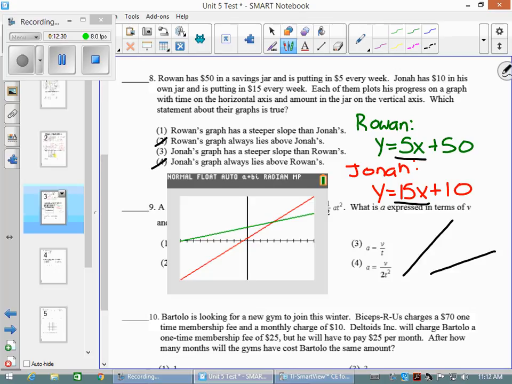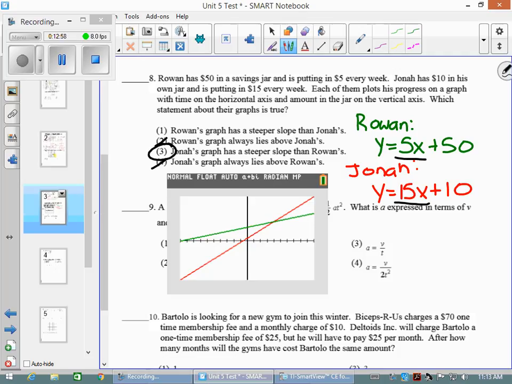We're going up 15 and over 1 as opposed to up only 5 and over 1. If we look at our graphs also, we can see that Jonah's graph is steeper, this red one, than Rowan's graph. So our choice would be choice 3. Jonah's graph has a steeper slope than Rowan's.